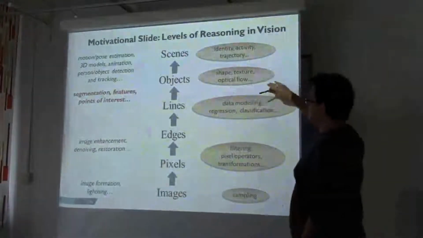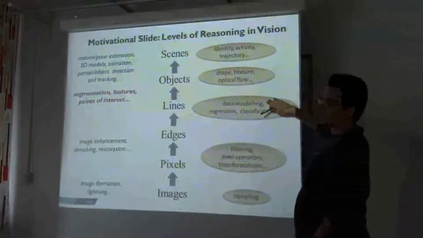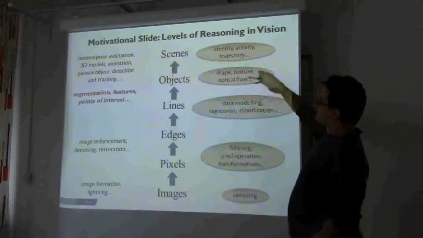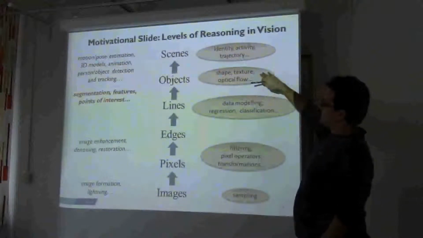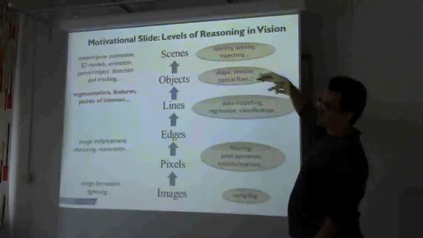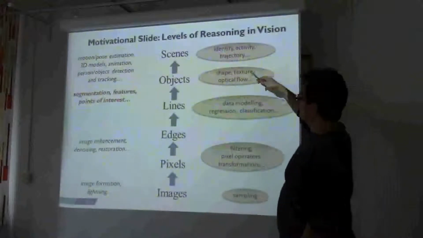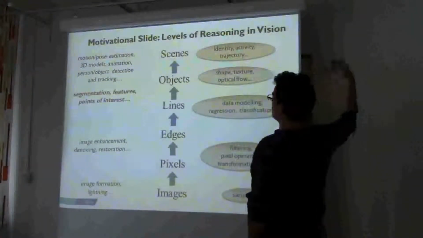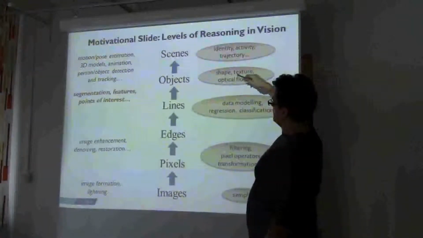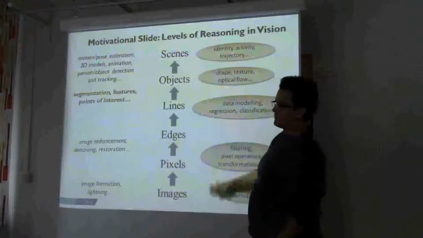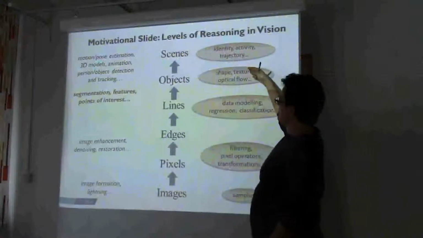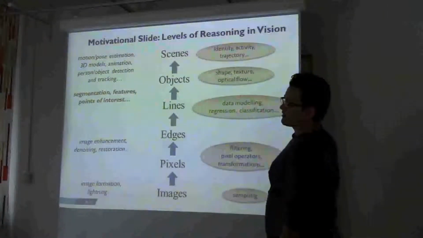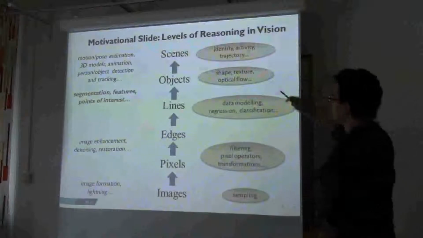So we start to apply data modeling techniques and some kind of classification to go up to more elaborate shapes, texture things, movement, optical flow, tracking, and so on, which all of them rely on lower levels, but they demand more advanced techniques coming from machine learning and statistical processing.